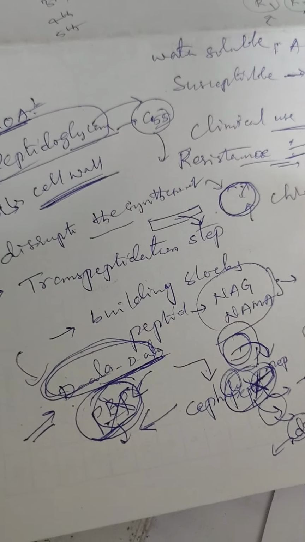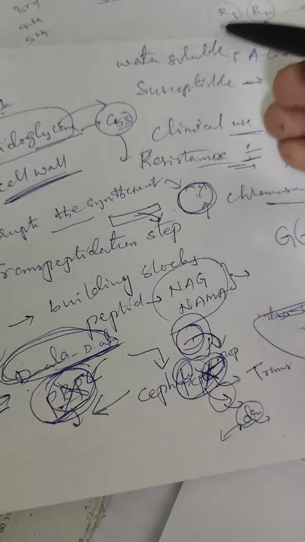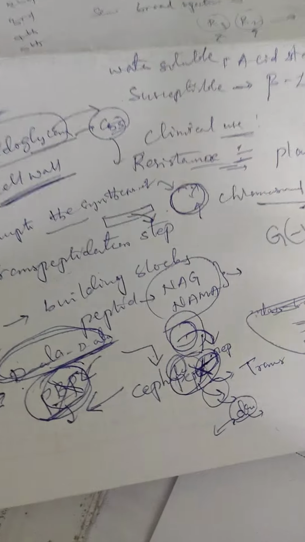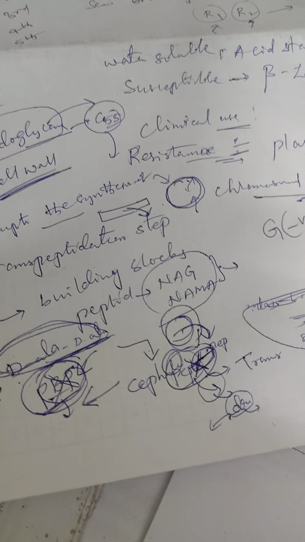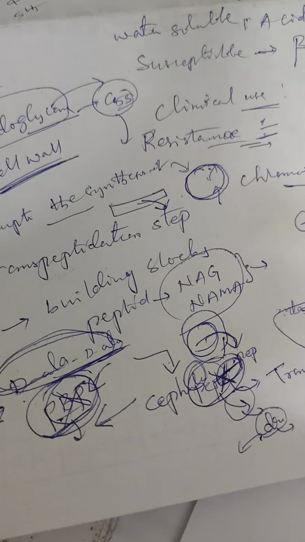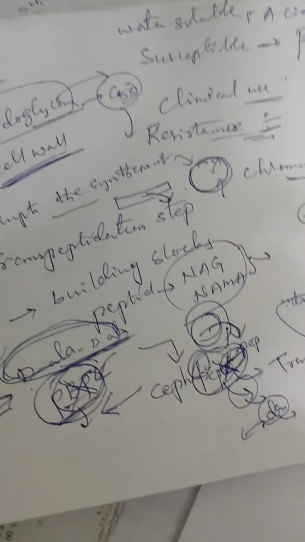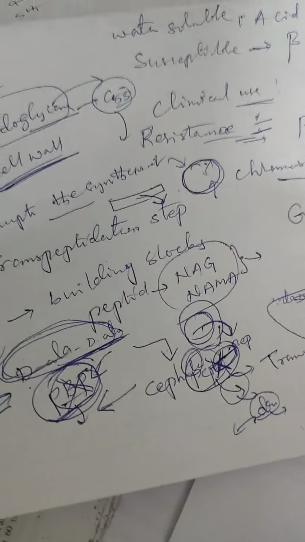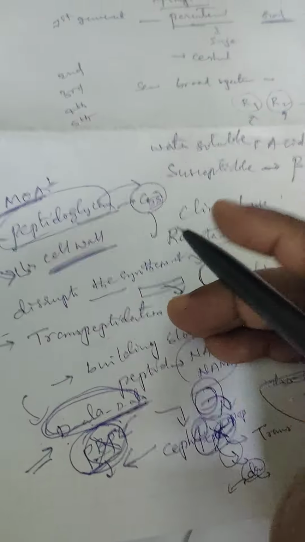There is no specific mechanism of action. The drugs discussed under cephalosporins all have the same mechanism of action, the same pharmacokinetic properties and the same clinical uses. That is why if you read one pharmacokinetic property, you can use it for all the drugs.